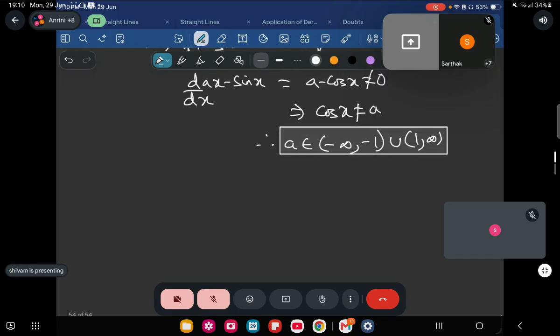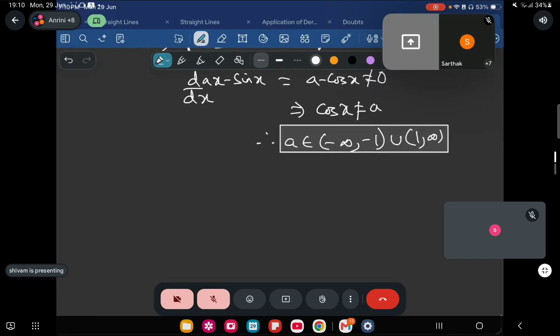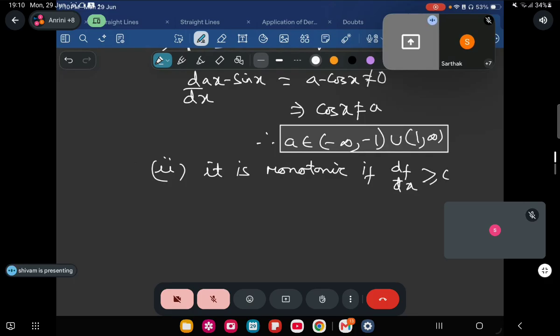Number two, it is monotonic, right? So it is monotonic if df by dx is greater than or equal to zero or df by dx is less than or equal to zero.